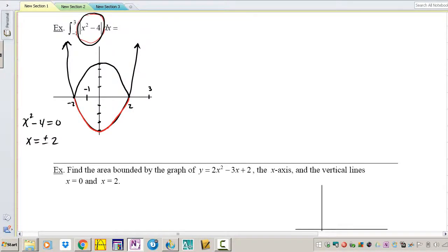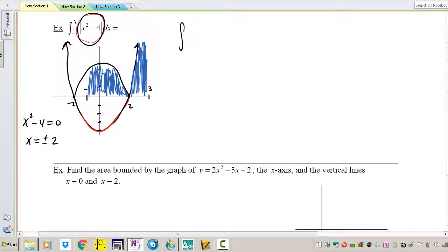So I'm really trying to integrate from negative 1 to 2, and then from 2 to 3, and wherever that area ends up there. Okay, so I need to split this up into two integrals.